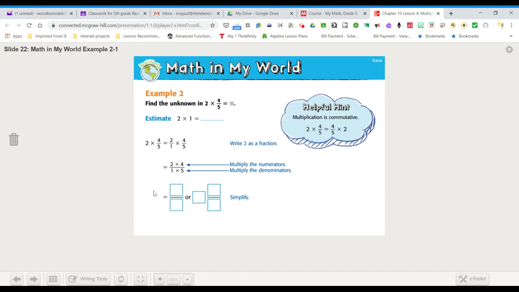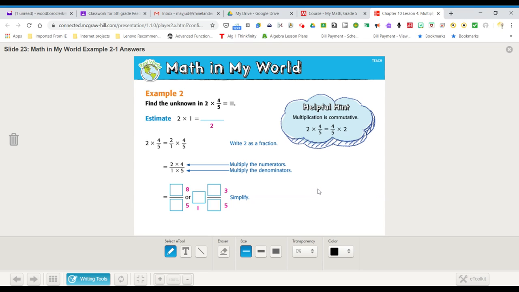We knew that 2 times 4 is 8, 1 times 5 is 5. It's rewritten 8/5, which is then simplified into a mixed number, 1 and 3/5. 5 goes into 8 one time, 3 left over with 5 as your denominator.